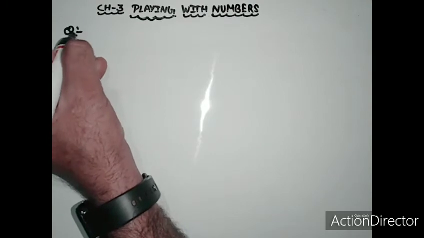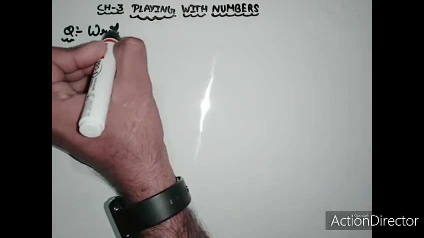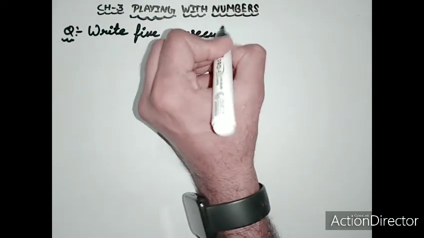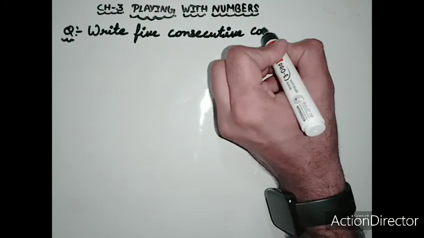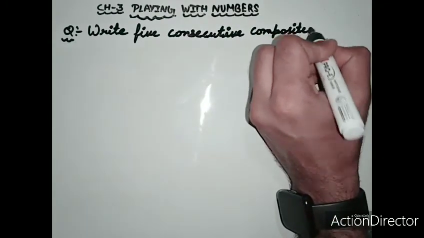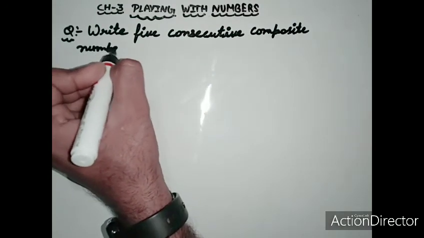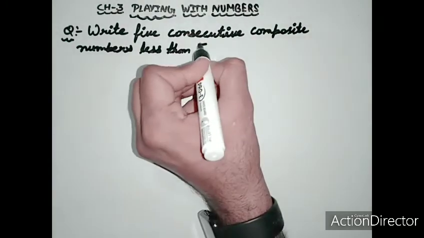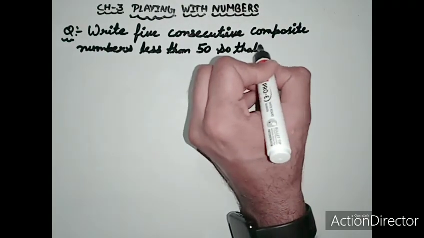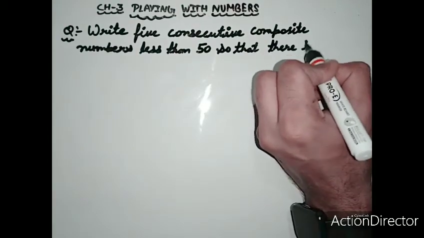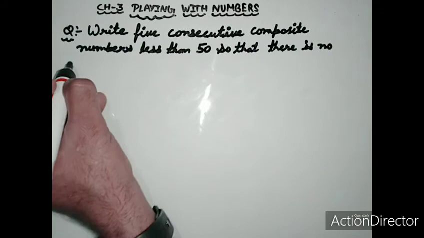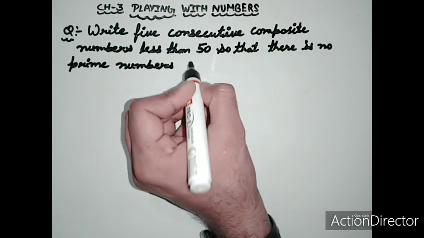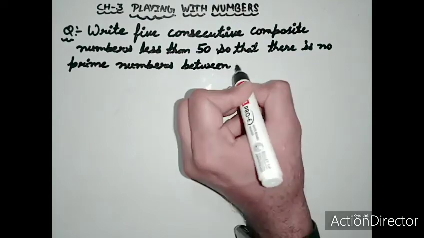The first question is, write 5 consecutive composite numbers less than 50 so that there is no prime number between them.